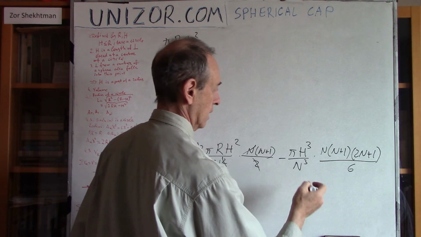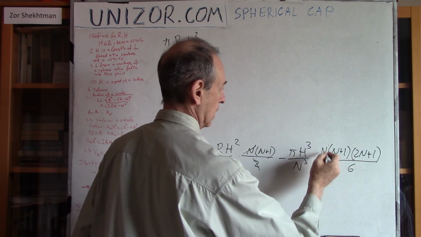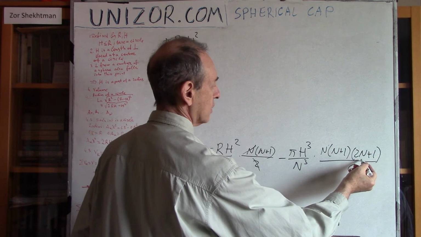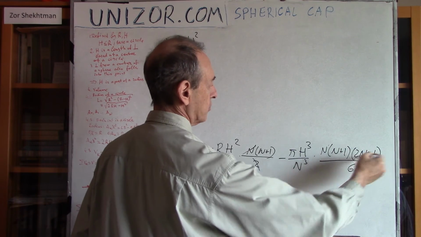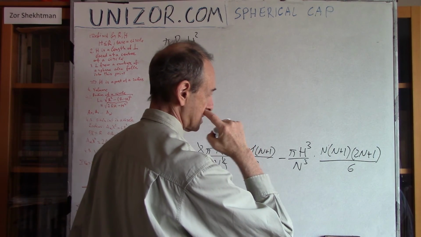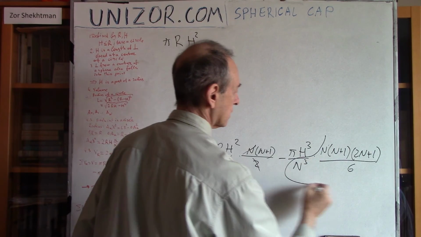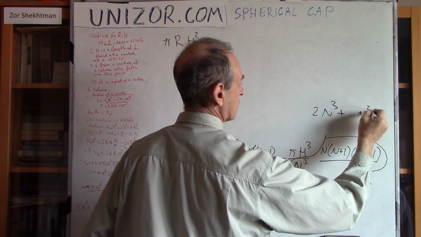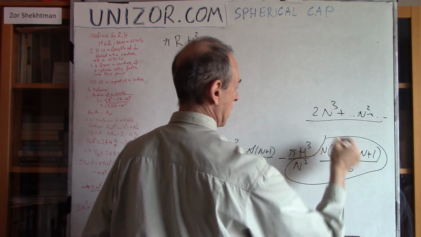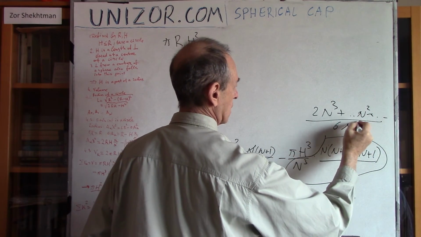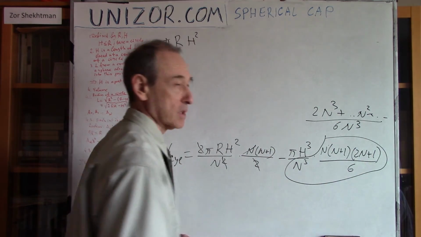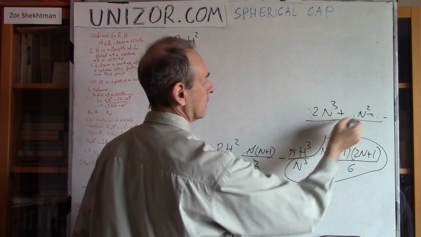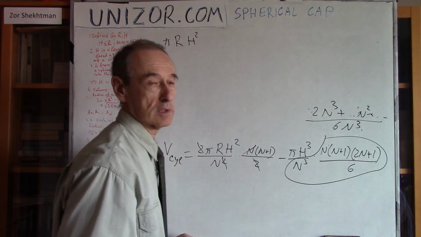Now, in this case, let's think about it. Again, the most important part, if you multiply all these, would be 2n cube plus something n square plus etc. divided by 6n cube. So what's the limit of this? Obviously it's 2 over 6, which is 1/3, and everything else goes to 0, right?